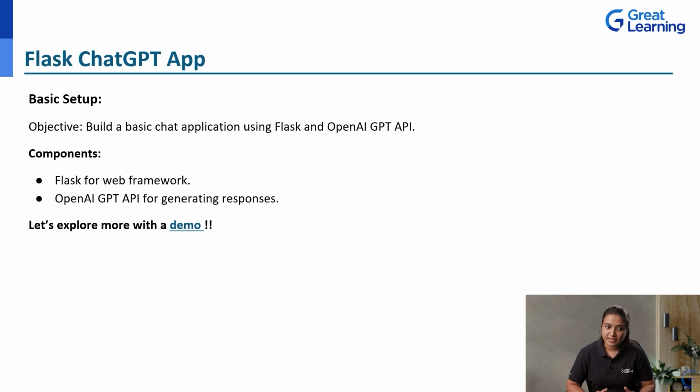The components we need are Flask for the web framework, as I mentioned, the Flask Python library, and then the OpenAI GPT API for generating responses. A simple logic: we take an API key of OpenAI, put that in your Python code, and then we execute the same.